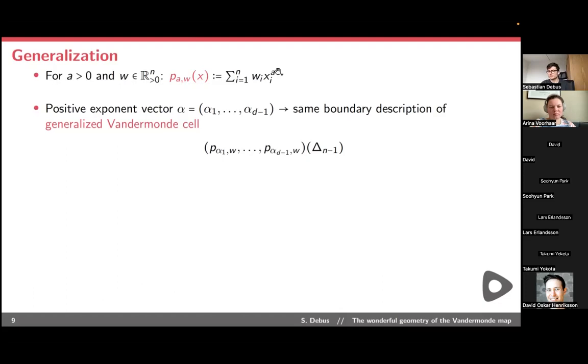So we don't have polynomials here, we have analytic functions. Then we take some positive exponent vector containing real numbers, strictly increasing, and the same boundary description from two slides before transfers now to this generalized Vandermonde cell.